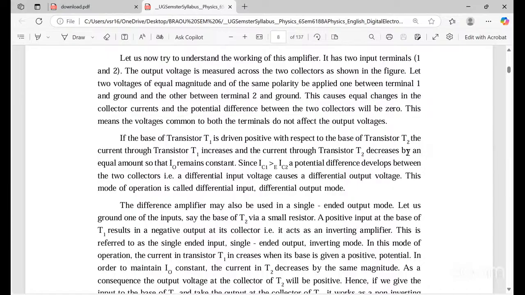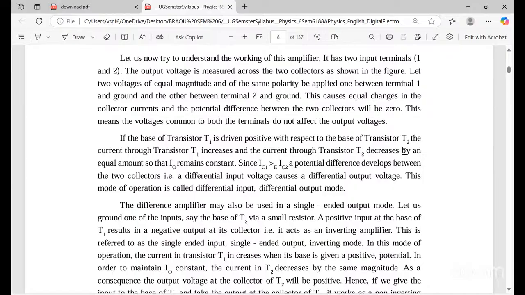Let us know about one of the inputs. The base of T2 is grounded via a small resistor, and a positive input at the base of T1 results in a negative output at its collector.